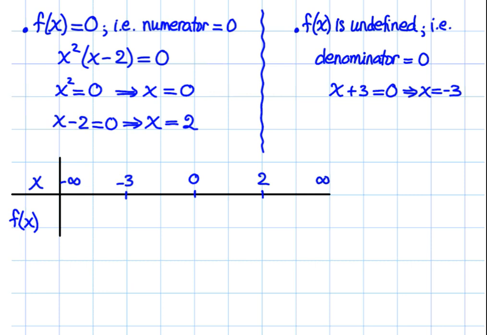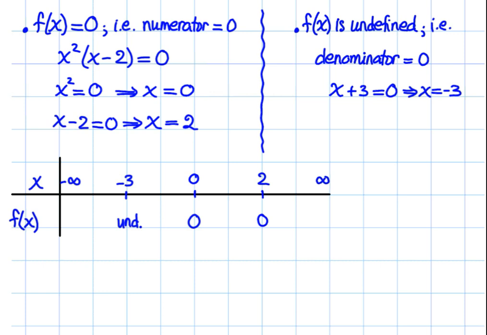Also when x equals negative 3, the function is undefined. x equals 0, the function equals 0. x equals 2, the function equals 0. Now we take care of the case where the function is equal to 0 and the function is undefined. Now we focus on the inequality where it's greater than or less than.